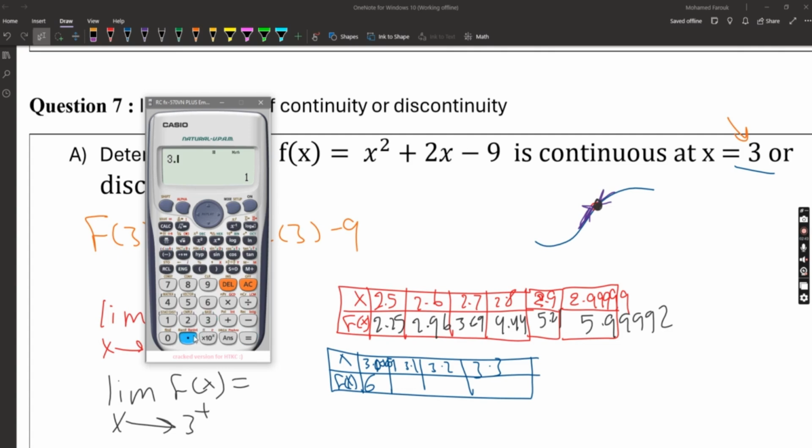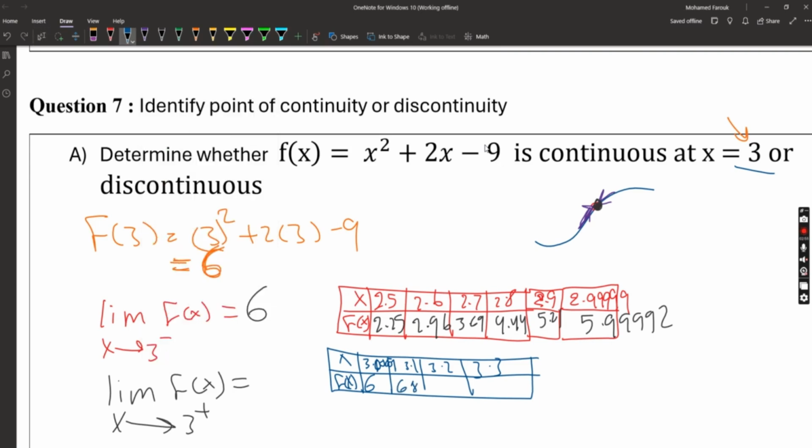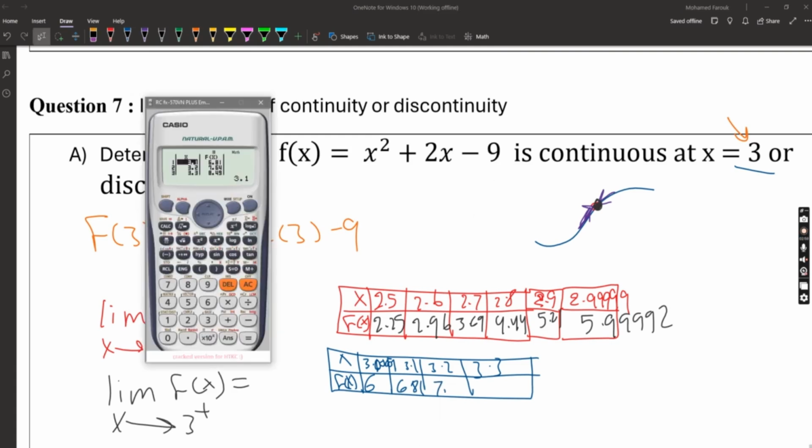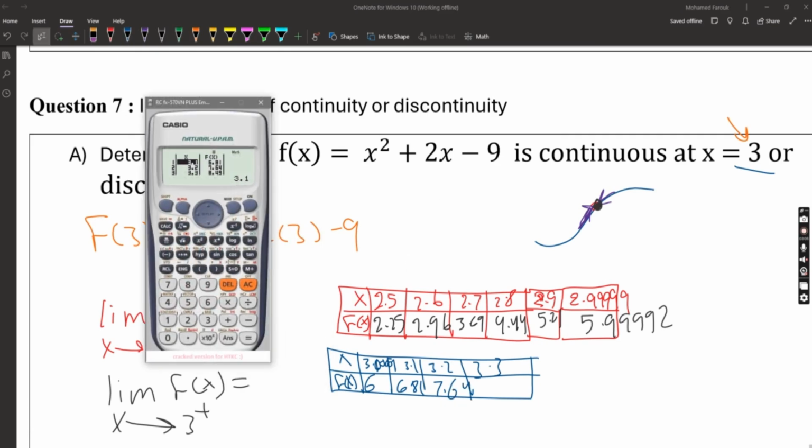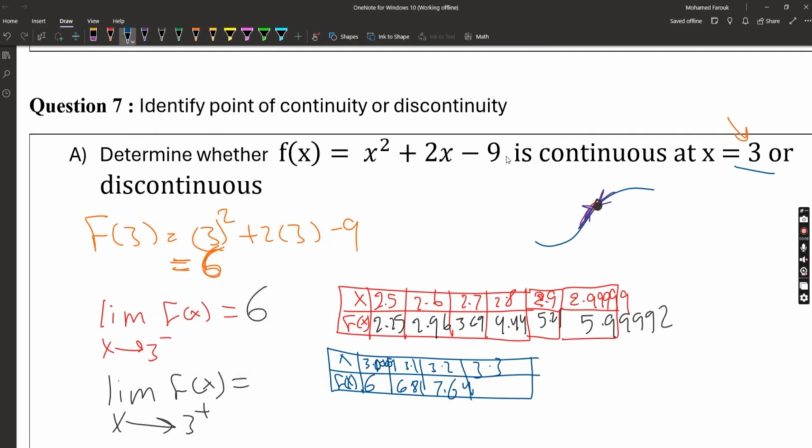Starting point is 3.1, ending point 3.3, and the step is 0.1. Okay, it will be 6.81, 7.64, and 8.49.